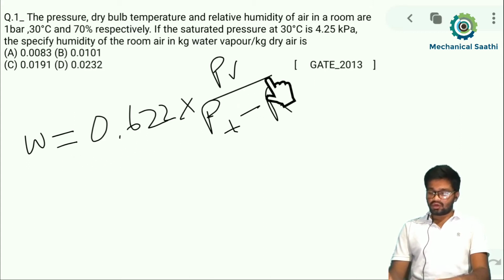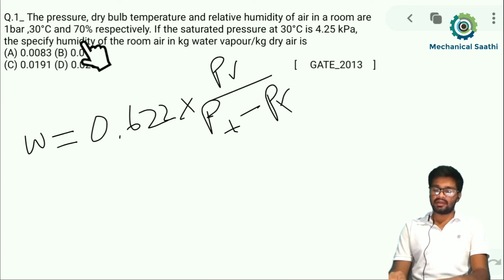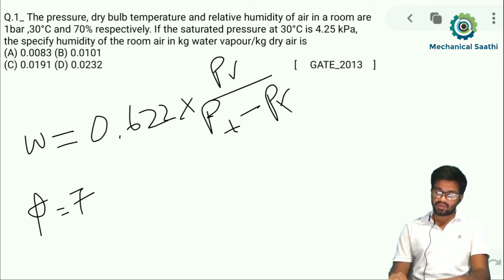For finding this PV, we have the data of relative humidity, which is given to us as 70%. Relative humidity is denoted by phi. So phi is given as 70%, that is we can write it as 0.7.